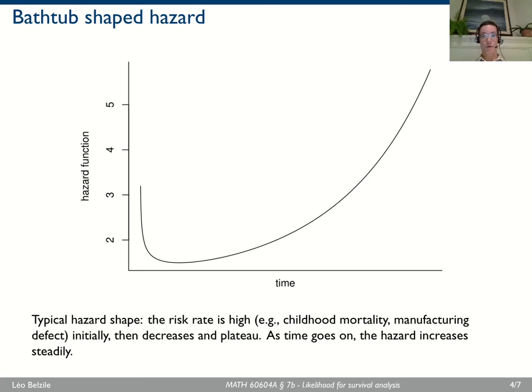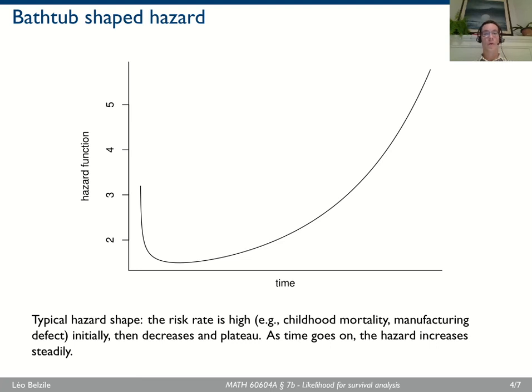We also have here a bathtub shape hazard. This is very common in reliability data and also in human survival or generally animals. There's a high mortality initially, so the risk rate is very high, and then it drops. For example, you could think of miscarriage, childbirth, diseases at early age when the immune system is not so great.